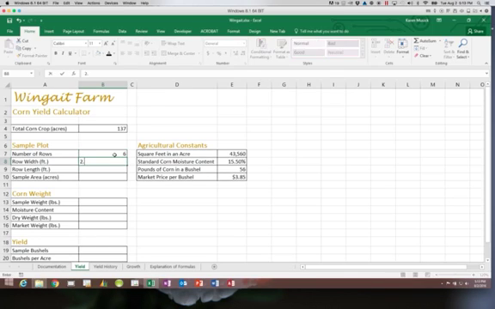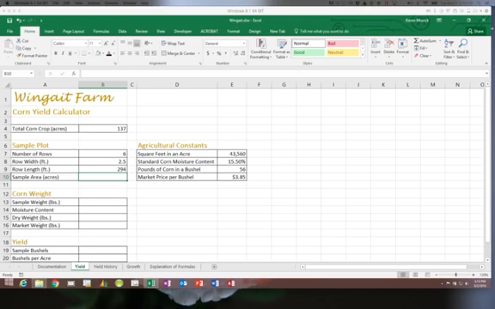B8 is 2.5. B9 is 294. So again, these are some basic facts that are going to be used in our calculations.